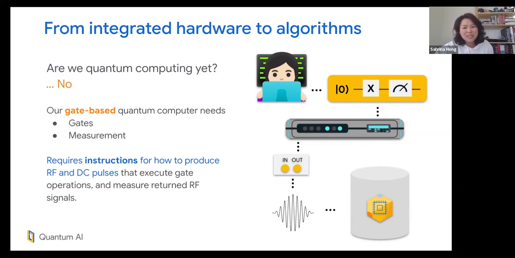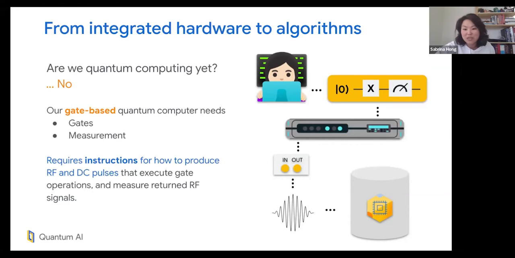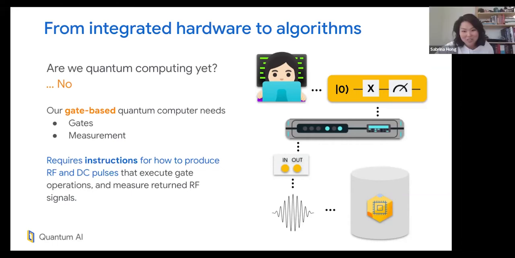So for example, if I'm sitting at my laptop and I say, okay, I want to initialize a qubit in the ground state, apply some X gate and measure, those instructions need to go to some host computer, which then goes to the electronics, which creates some microwave signal, which goes down into the cryostat, into the device itself.